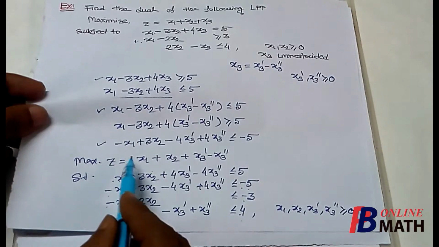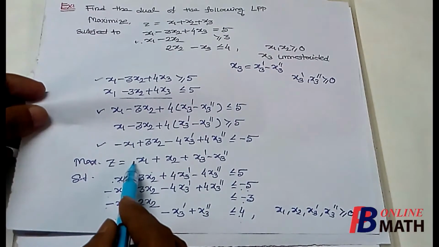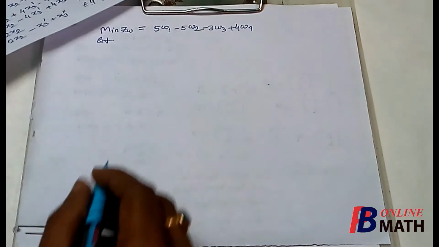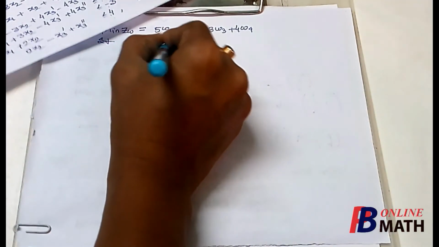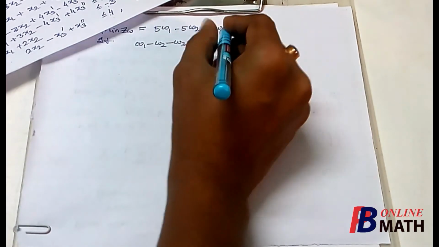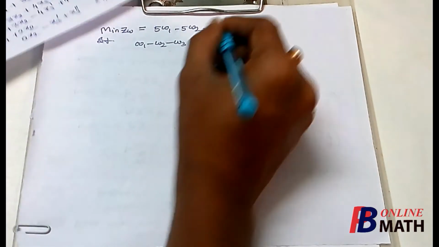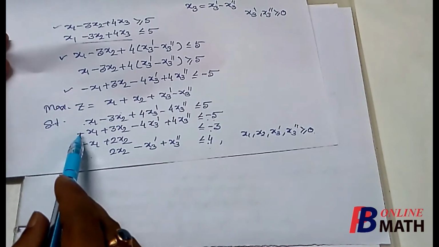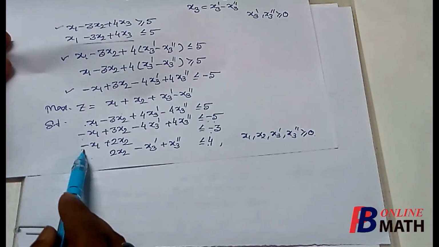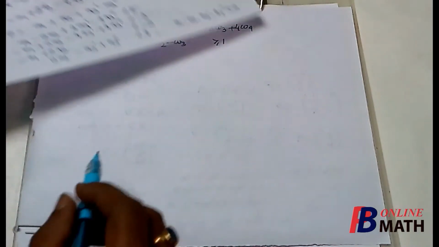This will be greater than or equal to the first cost value, which is 1. So this is the first constraint: omega 1 minus omega 2 minus omega 3 is greater than or equal to 1.